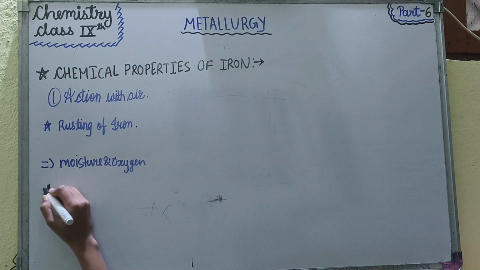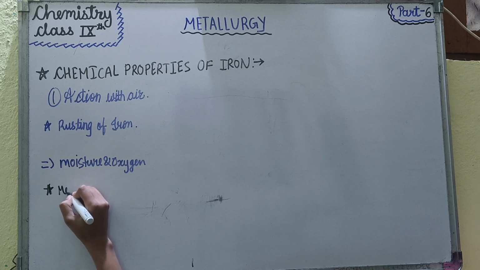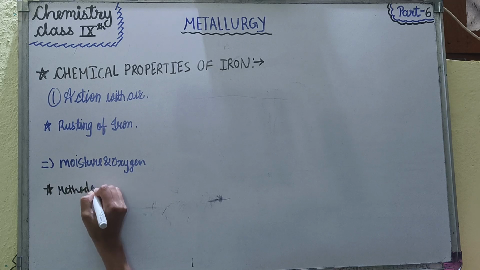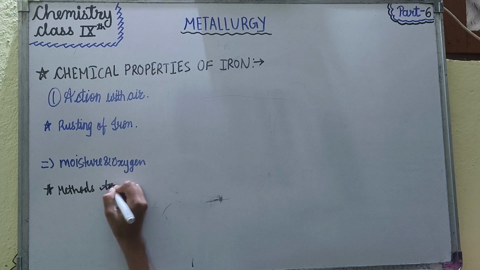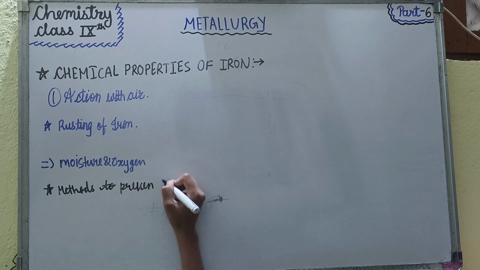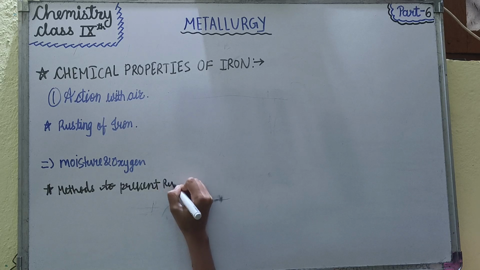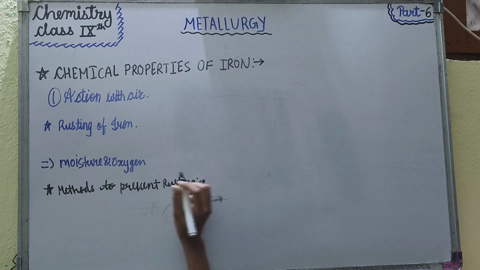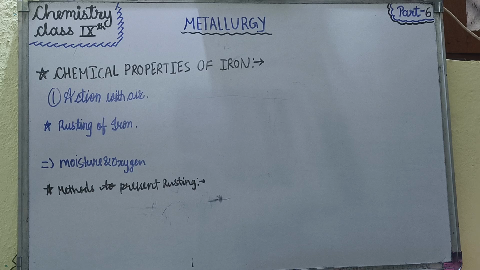Some methods to prevent rusting. First is electronic protection.